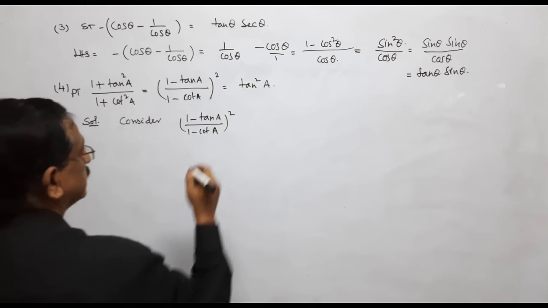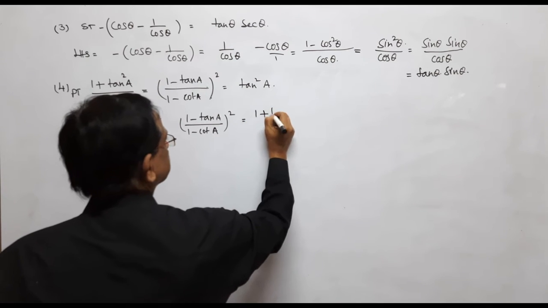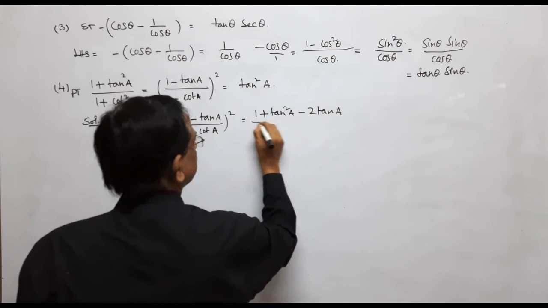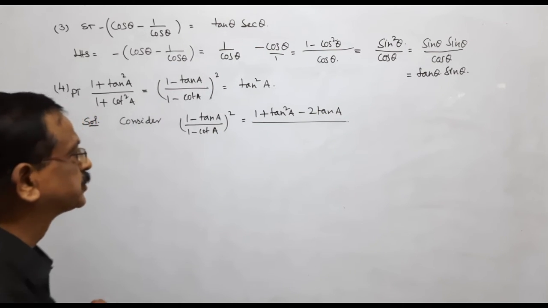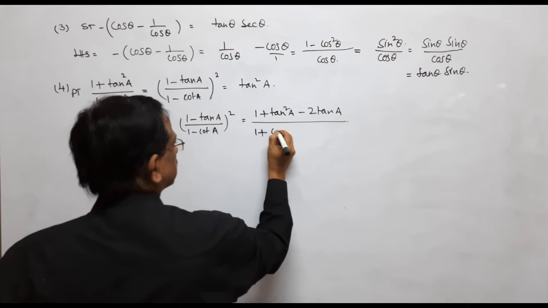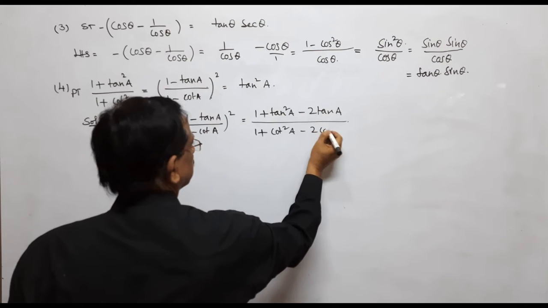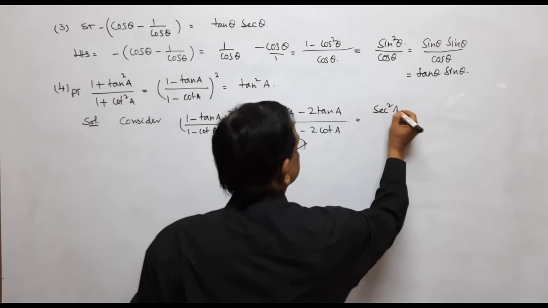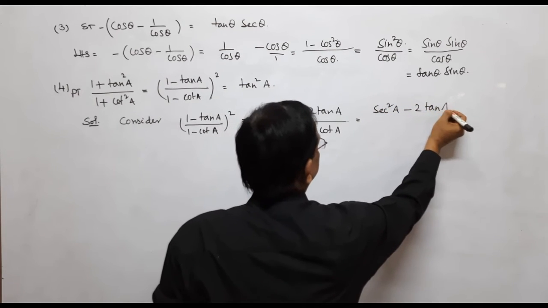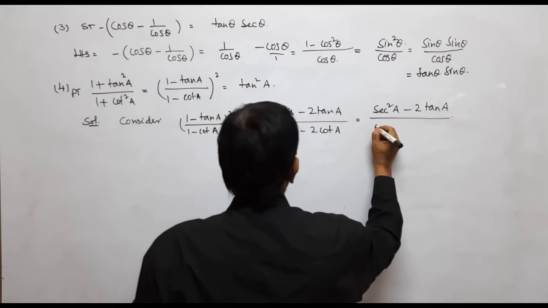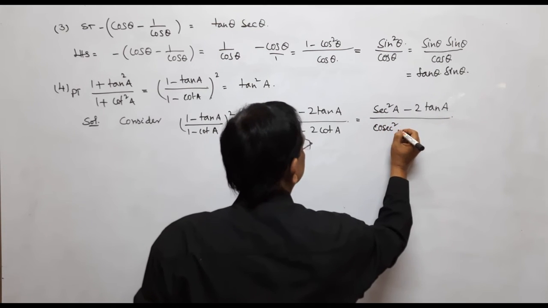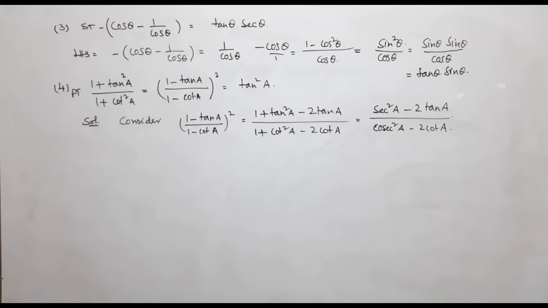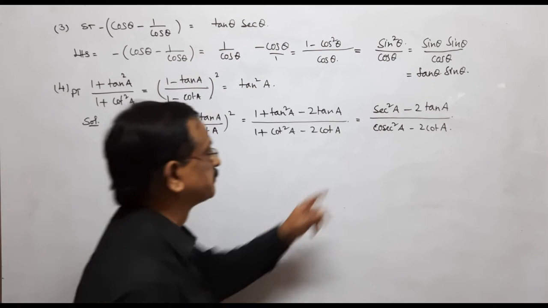So let us see. This is equal to 1 plus tan square A minus 2 tan A, because A minus B whole square is A square plus B square minus 2AB. Similarly, 1 plus cot square A minus 2 cot A, which is equal to, 1 plus tan square A is secant square A, so secant square A minus 2 tan A by cosecant square A minus 2 cot A. Now let us simplify again.